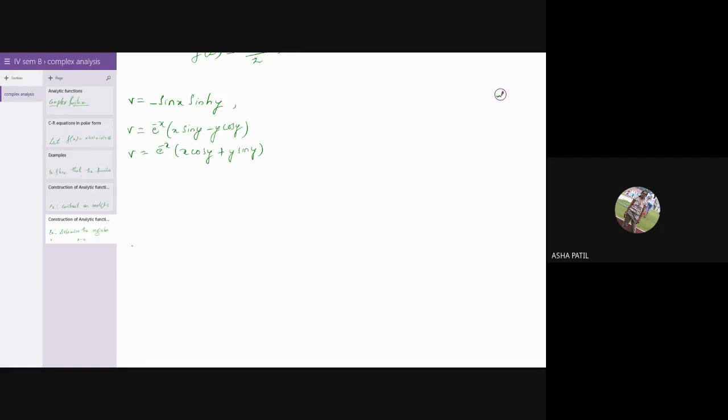Now let us go for construction of analytic function in polar form. Construction of analytic functions in polar form.